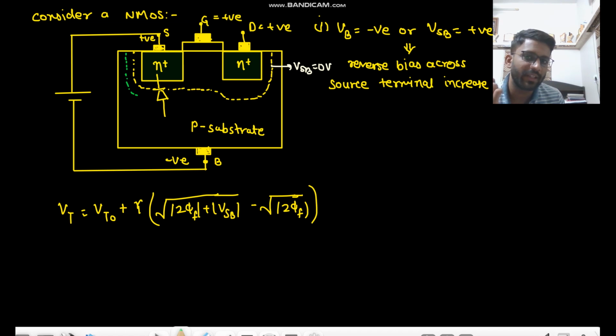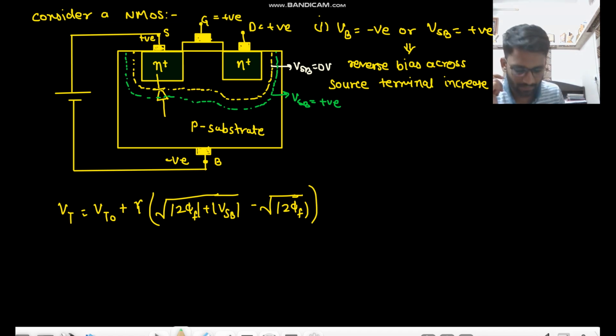Because of the positive potential at the N plus side, there was some depletion region, as we have already seen. Now this depletion width is increased when VSB is positive or VB is negative.